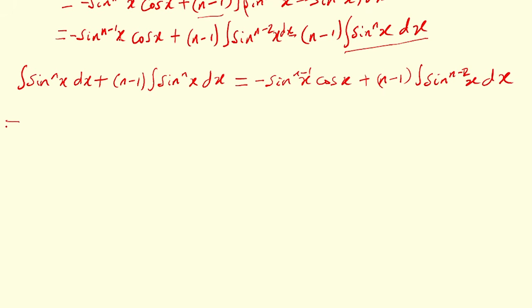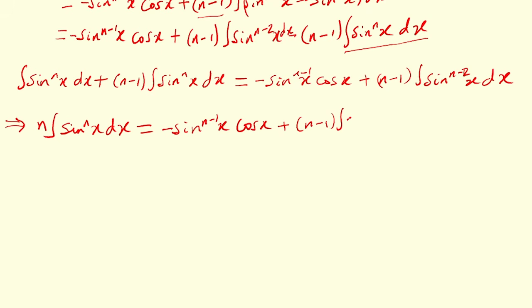Then from this we got, look, 1 plus n minus 1, that is n, times the integral of sine raised to n x dx is equal to minus sine raised to n minus 1 x cos x plus n minus 1 times the integral of sine raised to n minus 2 x dx.